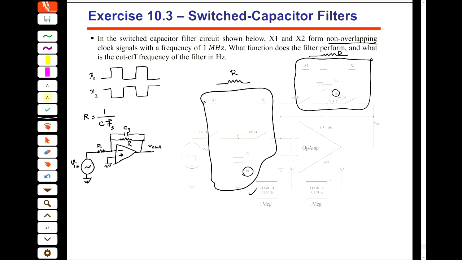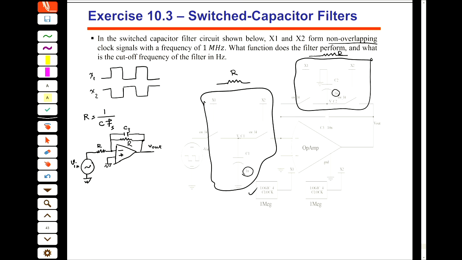What's this circuit? Band pass filter, high pass filter, low pass filter.